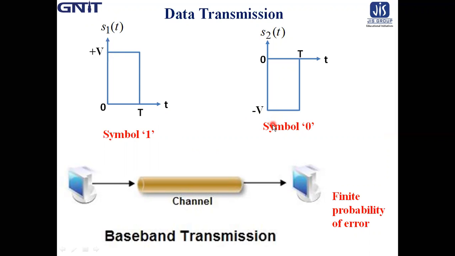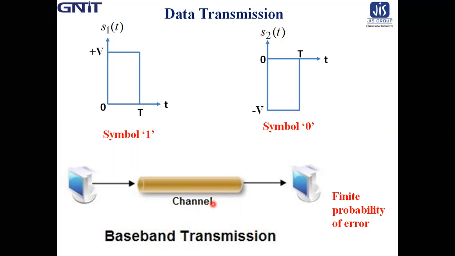In general, the binary digits are encoded so that 1 is represented by a signal S1(t) and 0 is represented by a signal S2(t), each having a duration of T seconds. Now the resulting signal may be transmitted directly or used to modulate a carrier.